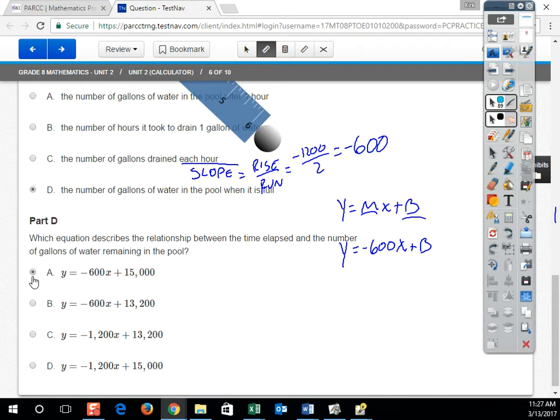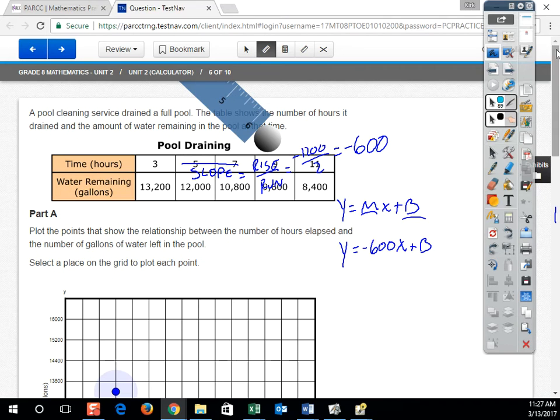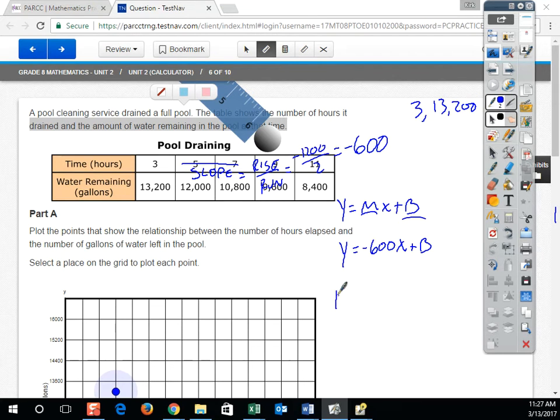Alright. Now, the other way I could have done this is I could have taken some of my points. And this is probably a safer way. I could have taken, say, 3, 13,200 and said 13,200, and I plug that in for y, is equal to negative 600 times 3, and that's my x value, plus b.